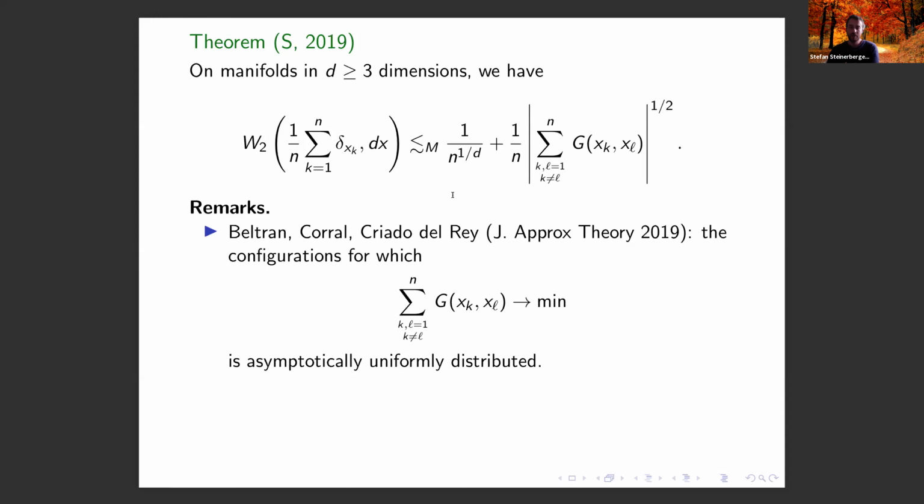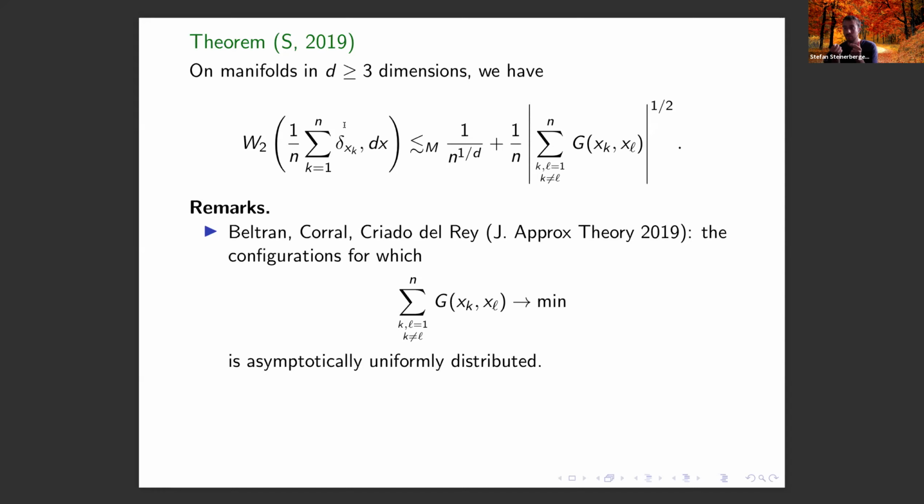So this is a fairly recent result. And what our result says is that it quantifies this in a certain sense. It says if you minimize this, then not only are you uniformly distributed, you actually have optimal Wasserstein transport rate, which does imply uniform distribution among other things, but it also quantifies the rate.